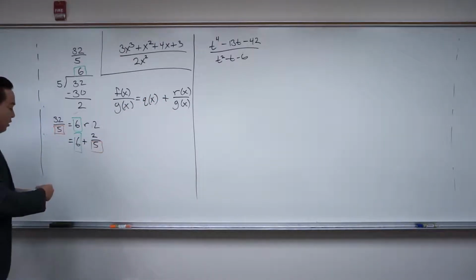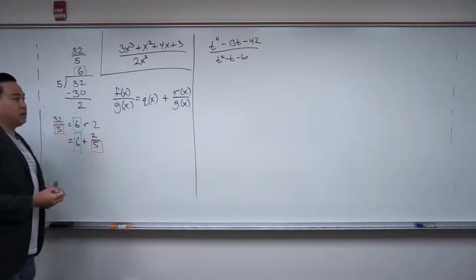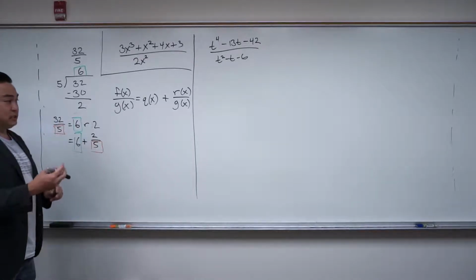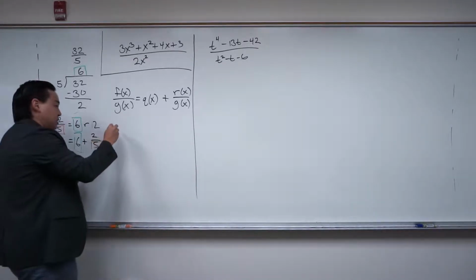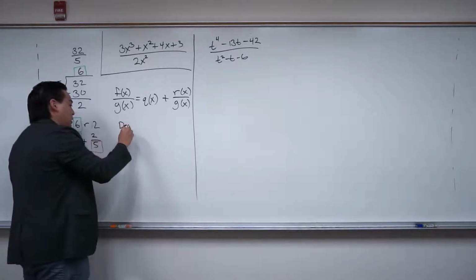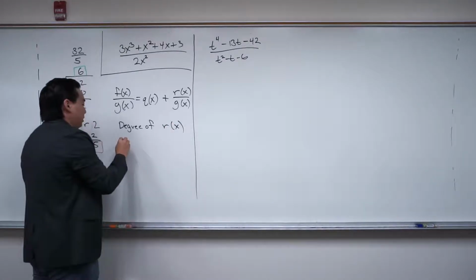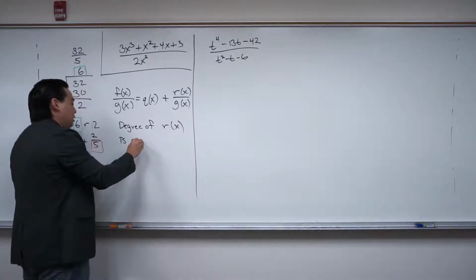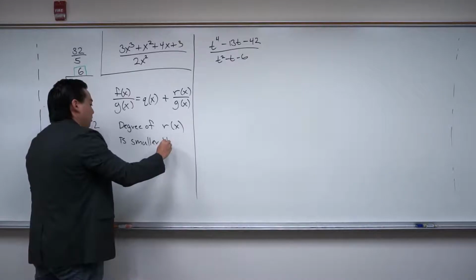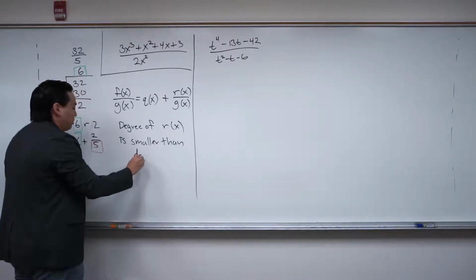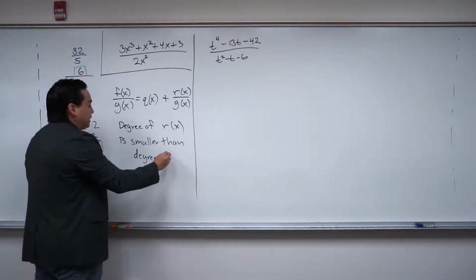Okay? Now, in this problem, where we're talking about the remainder and the division by g, there is a special property. The degree of r is smaller than the degree of g.